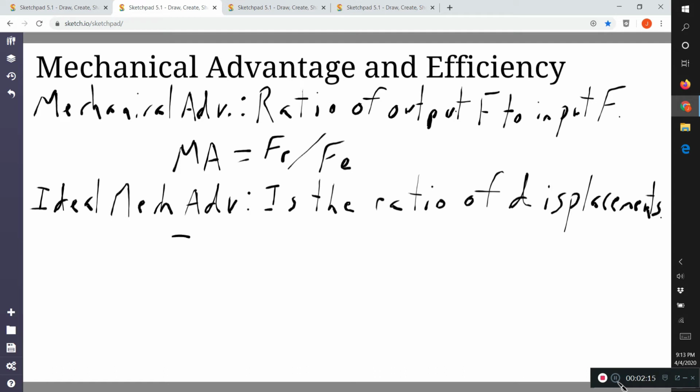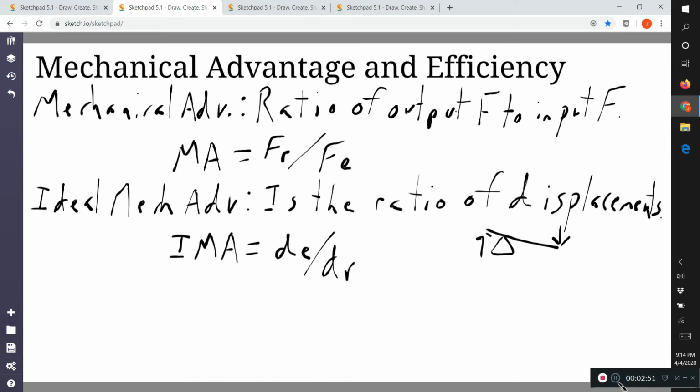So, the formula for ideal mechanical advantage is the effort distance divided by the resistance distance. So, that'd be how far we push it over how far it moves. So if you have a lever and you push that lever 2 centimeters and it only went up 1 centimeter, we would have an ideal mechanical advantage of 2.